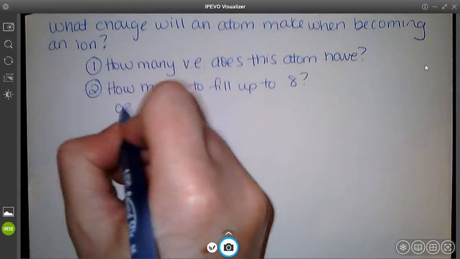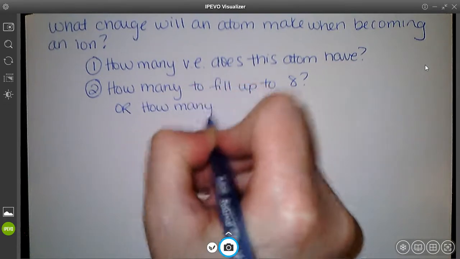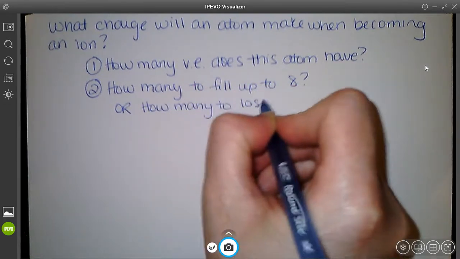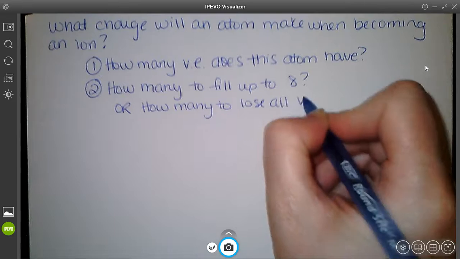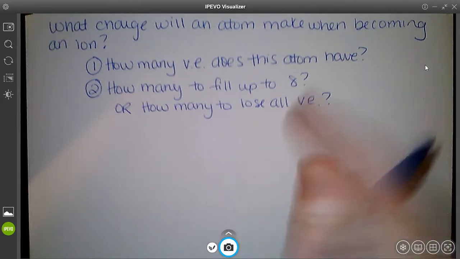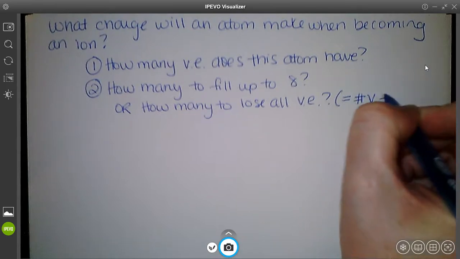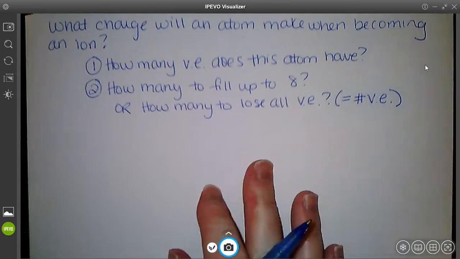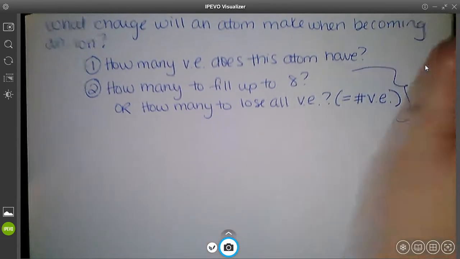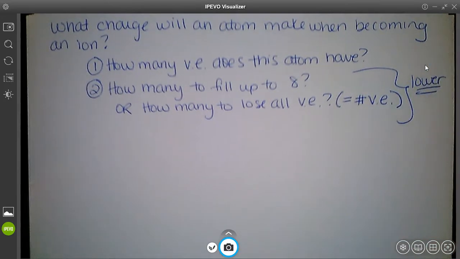Or how many to lose all valence electrons? The second one, how many to lose all valence electrons, this is always going to be equal to your total number of valence electrons. Whichever of these is lower, that's the option you're going to go with.